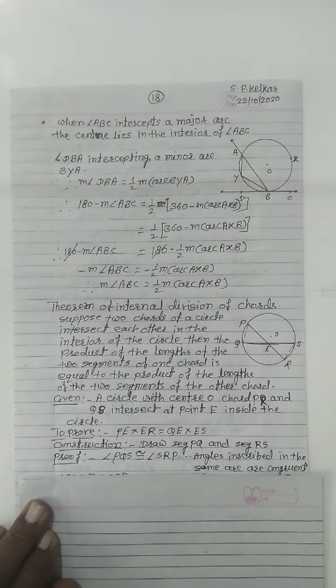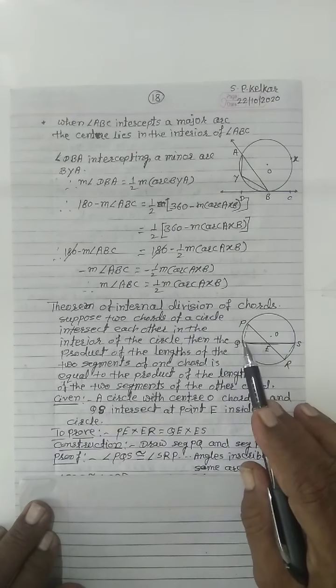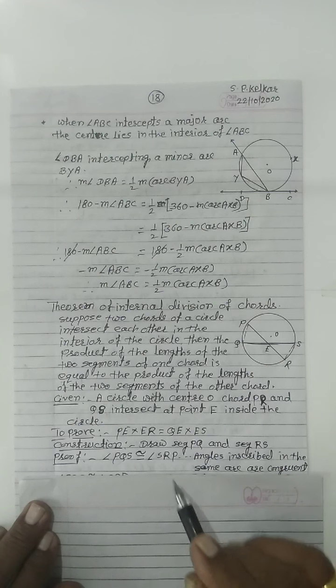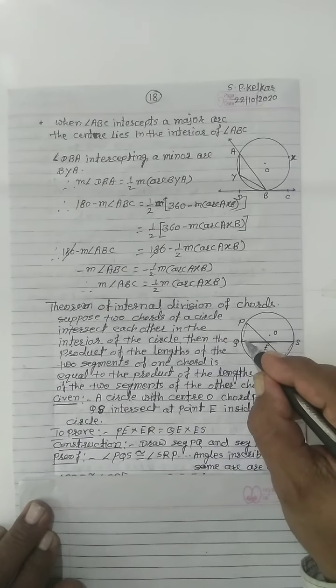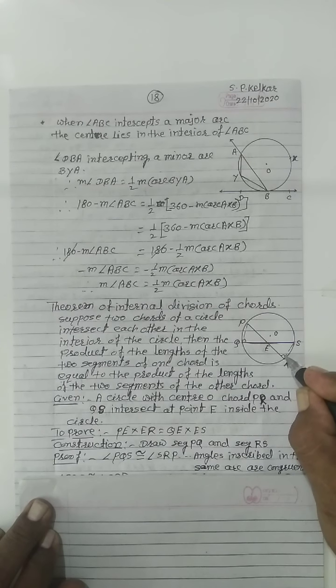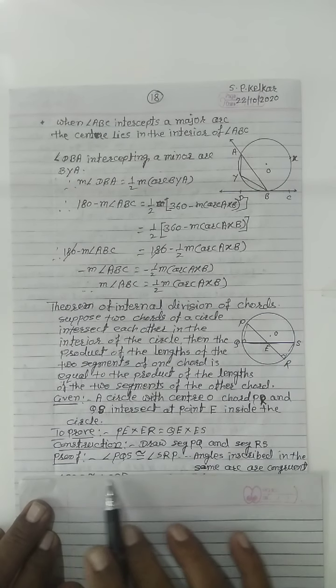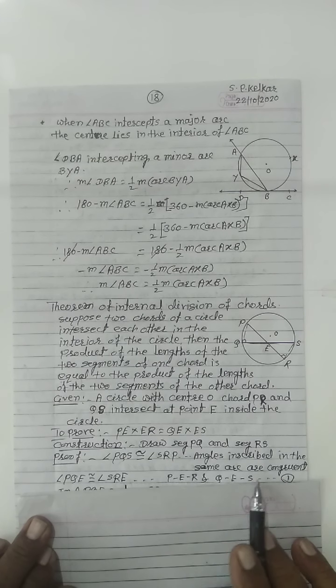Proof: angle PQS, this angle, and angle SRP, this angle. These two angles are inscribed in the same arc, so they are congruent.